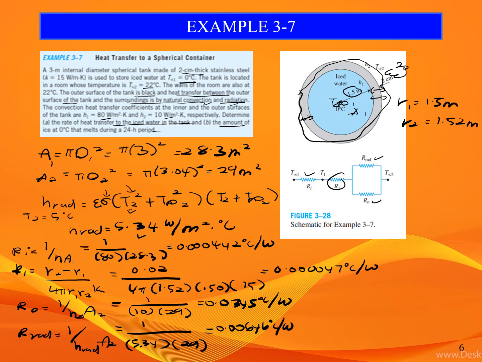Okay, so we need to find the parallel R first. So 1 over R parallel is equal to 1 over R radiation plus 1 over R convection.